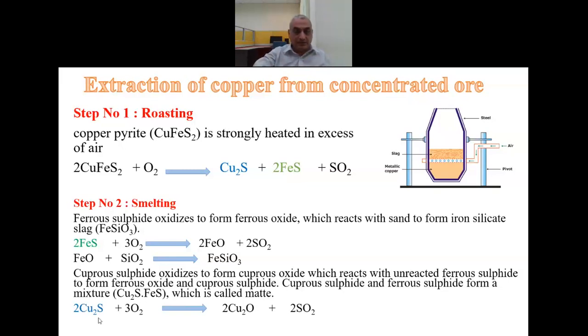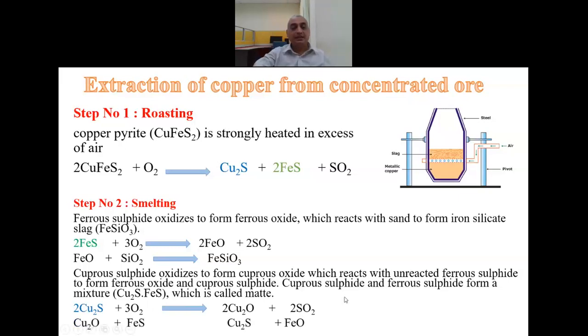Here you can see I have shown it with the blue color, so you can easily understand. Here I have shown it with the green color, and here we have removed it. So in this step, you can see here, it forms cuprous oxide.